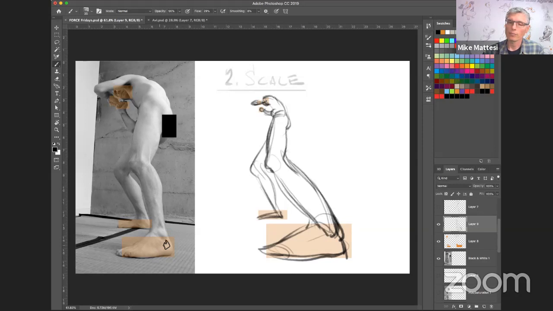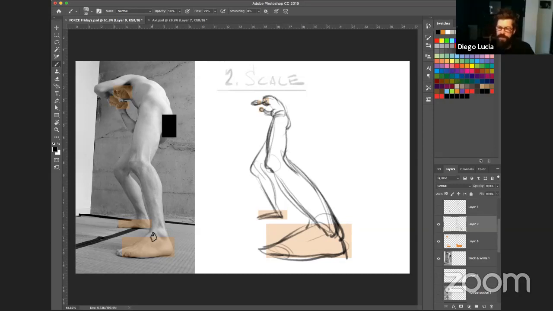There's a question here. Mike, sorry to interrupt you. It says, would you consider this a good exercise for perspective foreshortening? Yeah, it's a good exercise, but you have to be aware that maybe this goes a little bit advanced. I don't know what stage you are in your learning process.